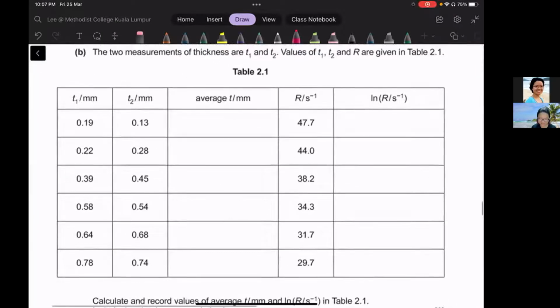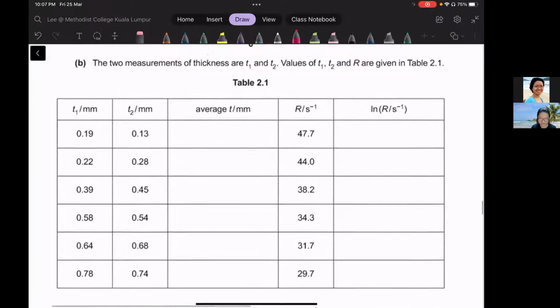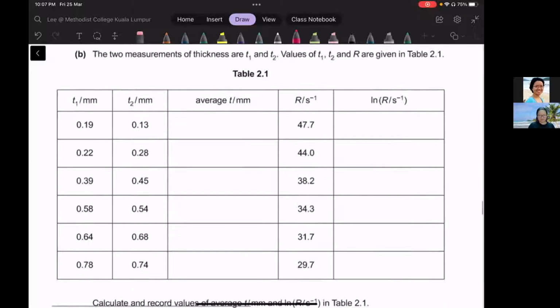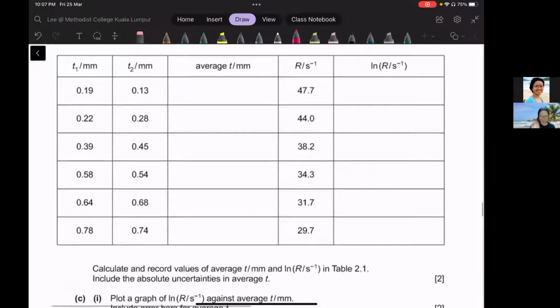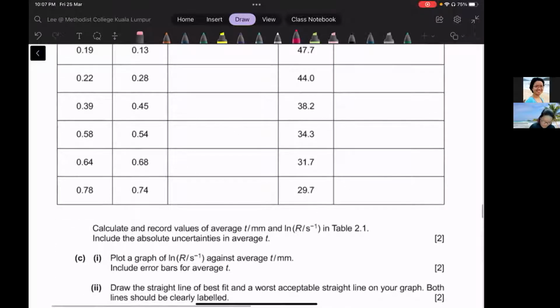Okay. Now you are given the two thickness readings, because we repeat the thickness measurement of the cardboard using the micrometer twice at different positions.